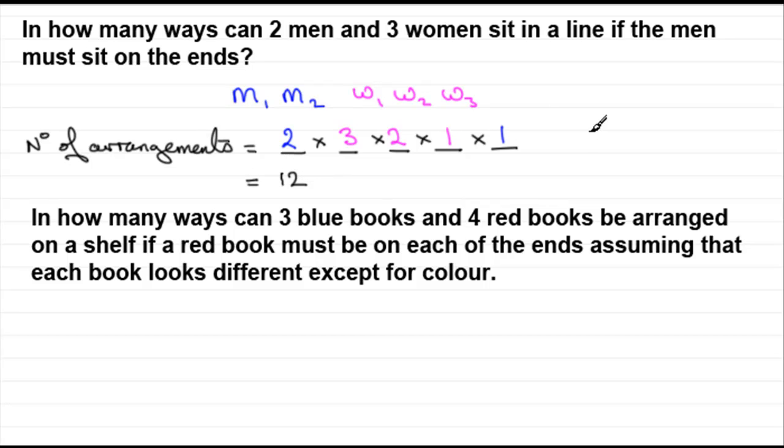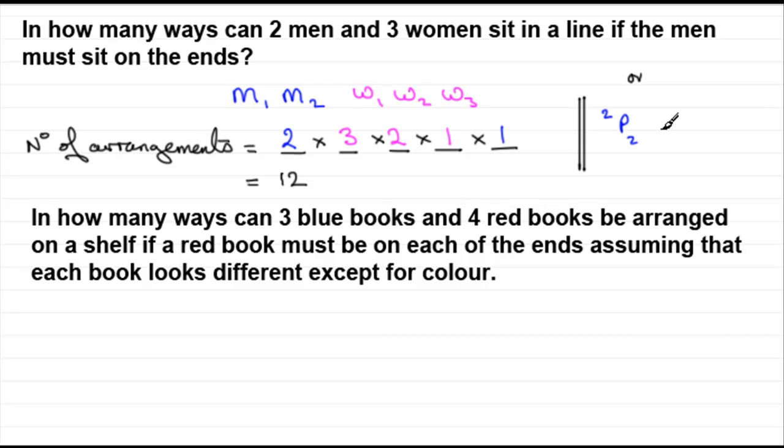Now you could use the nPr formula for doing this. There's another way that you could do it. Because the items are different and we're not using replacement, you could argue that for seating the men, there would be from 2 men, you're working out how many permutations of 2 from 2, 2P2.